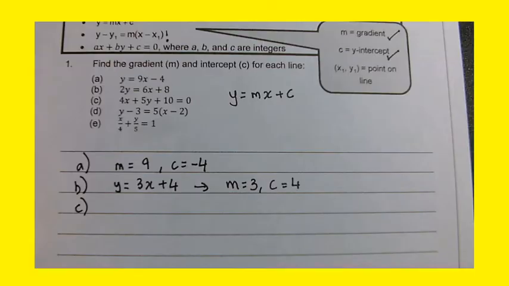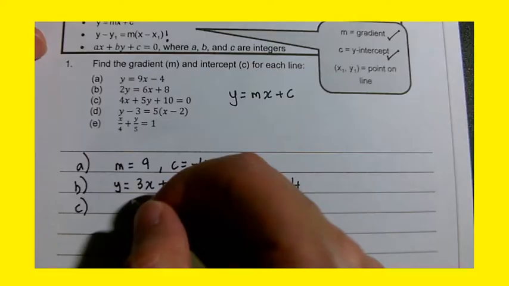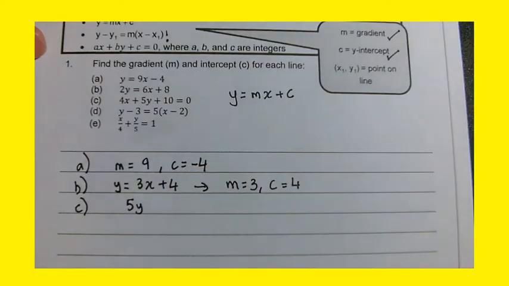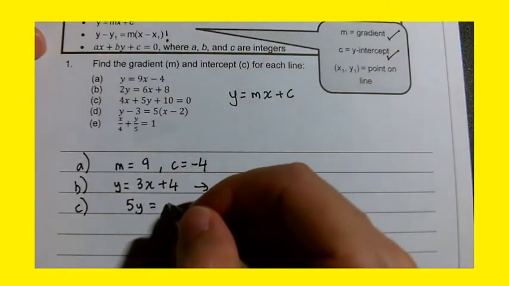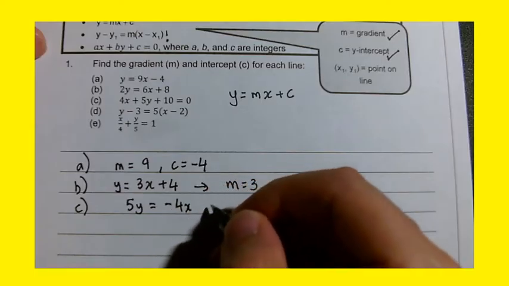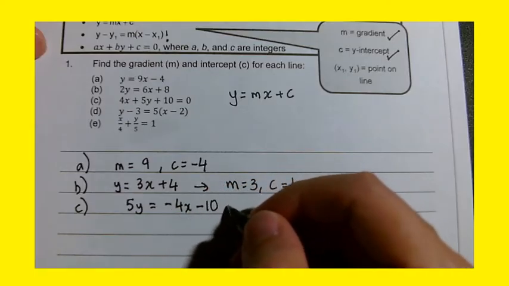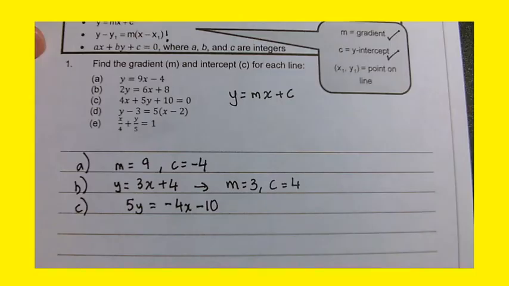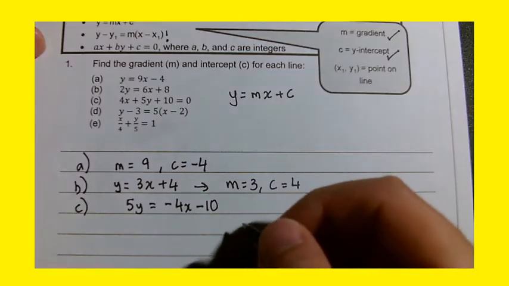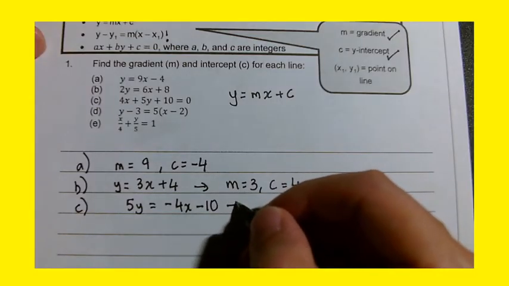Okay, 4x plus 5y plus 10 equals 0. Now on inspection it can be quite difficult for students to understand what the gradient is and what the y-intercept is. Again, we need to get it into the form y equals mx plus c. So I need to rearrange that. I'm going to make y the subject, or at the moment 5y. When I make that into the form y equals mx plus c, I've got 5y there so far.